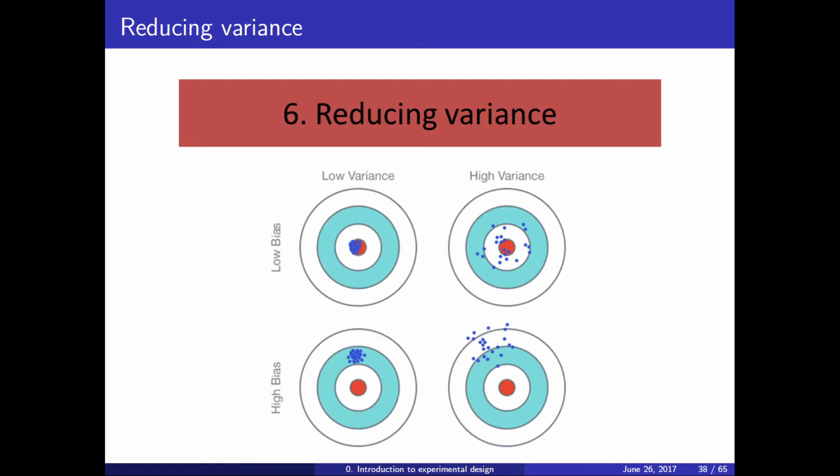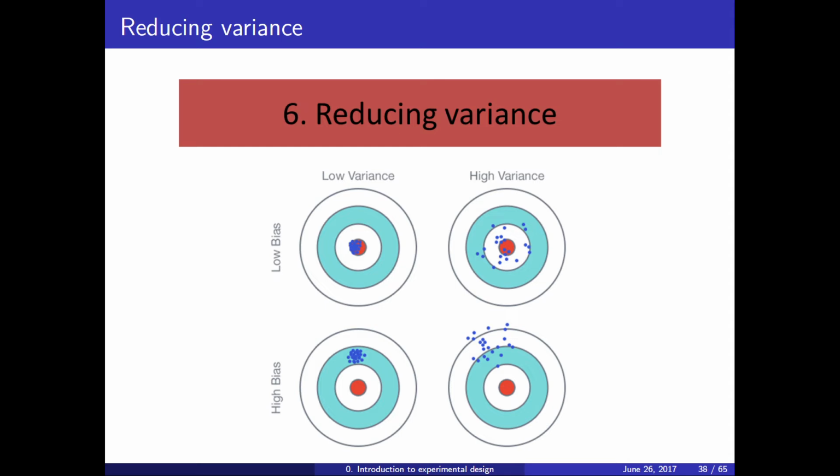Okay, so the other important concept when you do an experiment is variance. We would all like to have low variance, low bias experiments, like these ones here. That means that, for instance, let's say you have a difference between the control and treatment group of 5.